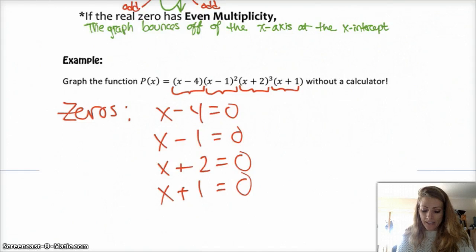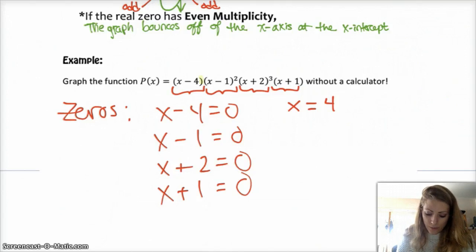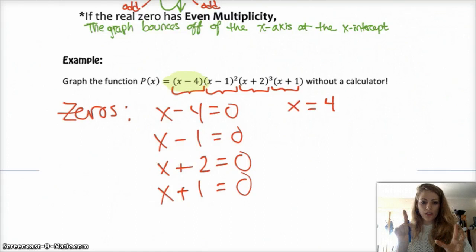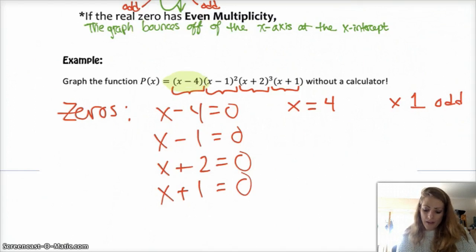Then I get x equals 4. Now you want to keep in mind what the multiplicities are. So x equals 4 only has a degree of 1. It can only be divided out once, which means it has multiplicity 1, which is odd. So that one's going to go straight through. Okay. x equals positive 1 has multiplicity 2.